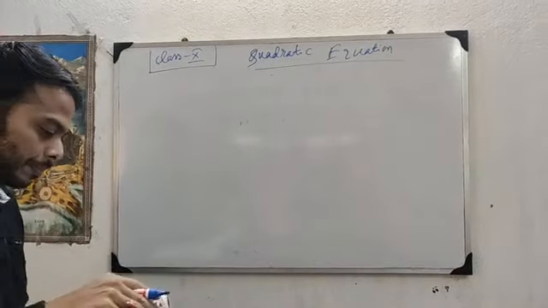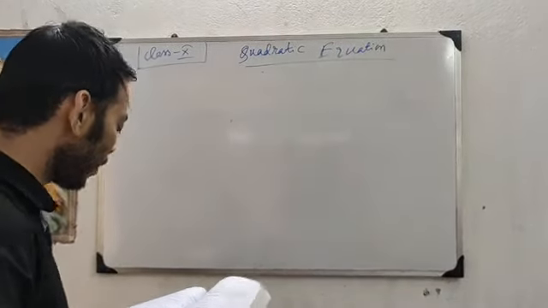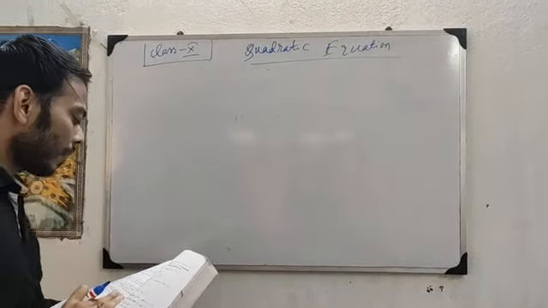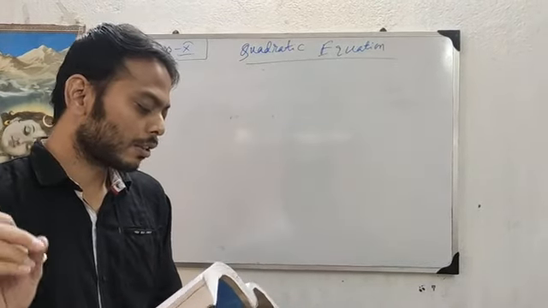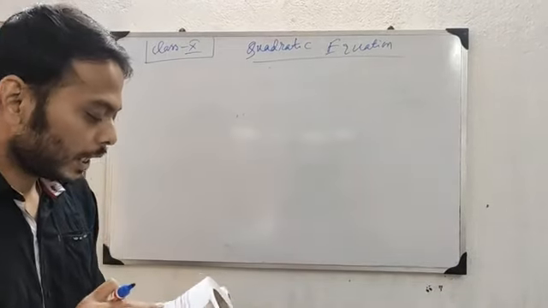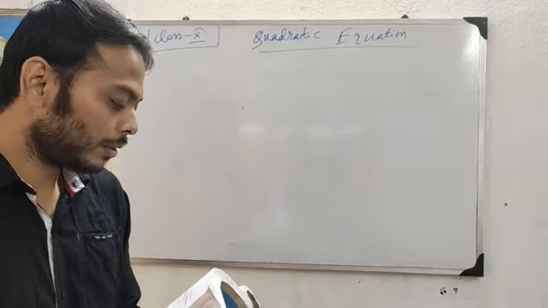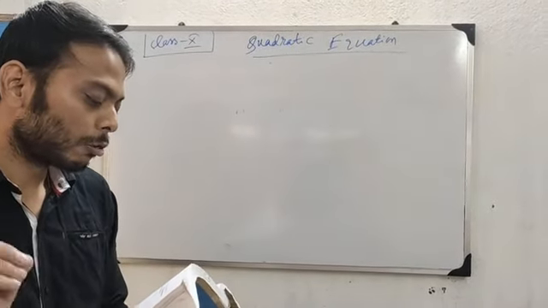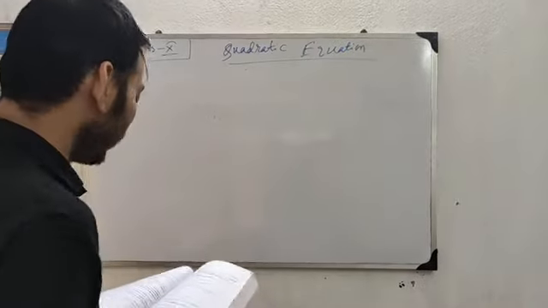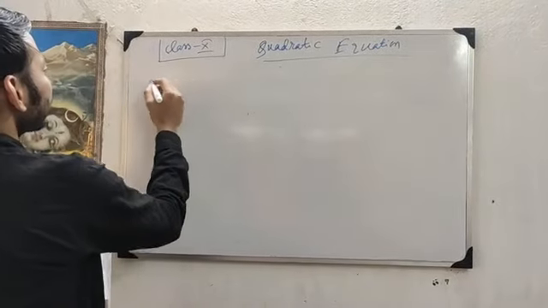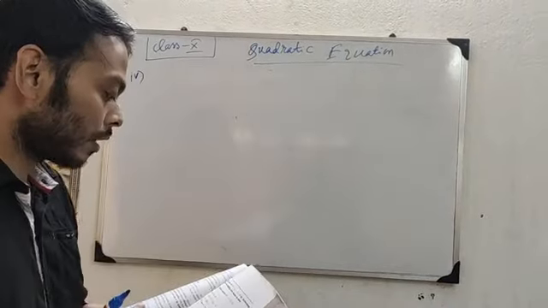Okay, now go to problem number 4. Go through the problem. A train travels a distance of 480 km at a uniform speed. So the distance covered by the train is 480 km. If the speed had been 8 km per hour less, then it would have taken 3 hours more to cover the same distance. We need to find the speed of the train. First the unknown: here the unknown is the speed of the train.